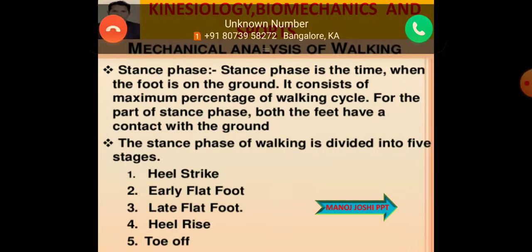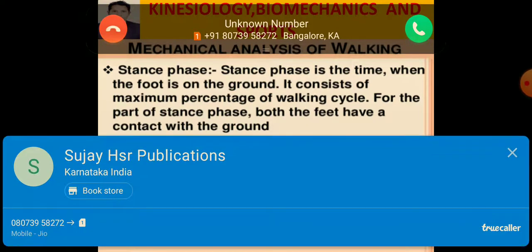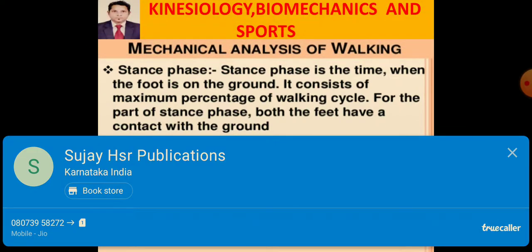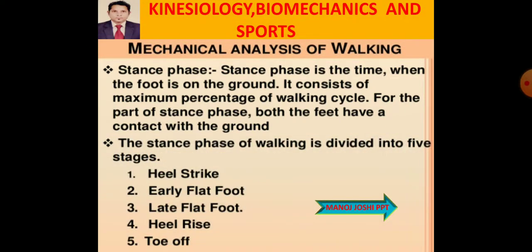Then the front part of the body is coming down over the ground. Then we will see the stages of walking, that is the heel strike. These we will discuss in detail.